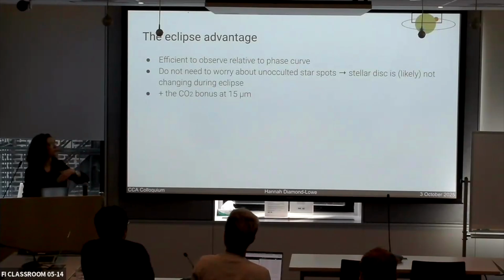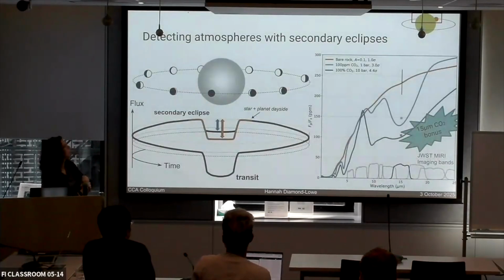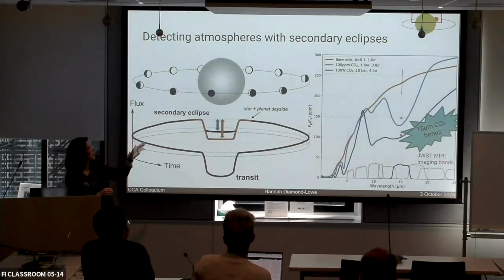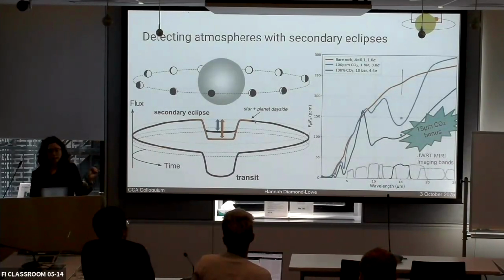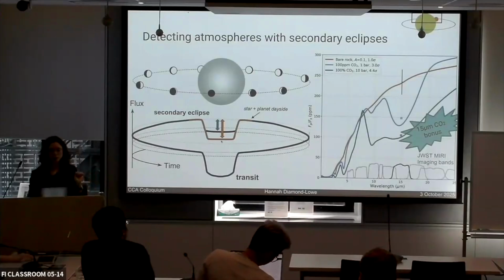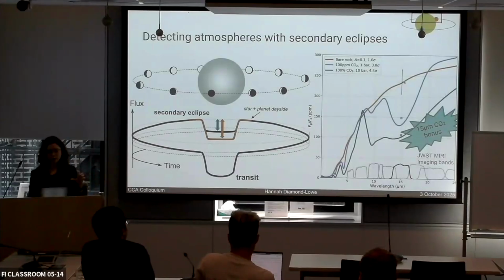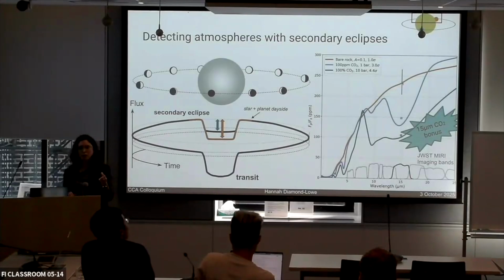There's also this thing called the CO2 bonus, only I call it this, but I'm trying to get it to catch on. So in this configuration where you're watching the planet move behind the star, you're measuring the light from the star plus planet day side, and then the difference when the planet goes behind. This depth, especially towards these infrared wavelengths, can be measured, and you can make a prediction of what this depth should be if there is no atmosphere on the planet.